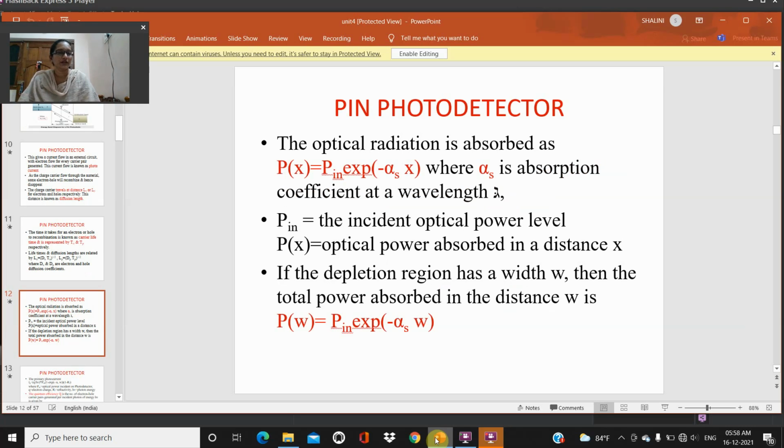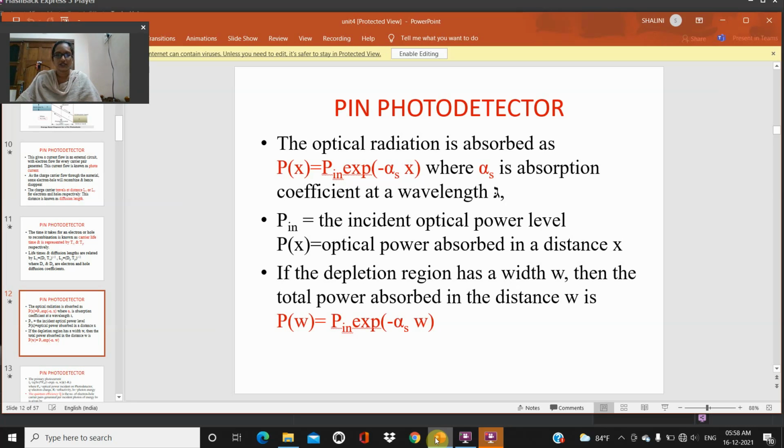Pin photodetector. Whenever the optical radiation is absorbed, P of x is equal to Pin times exponential of minus alpha s into x, where alpha s is the absorption coefficient at a wavelength lambda, Pin is the incident optical power level, and P of x is the optical power absorbed in a distance x.